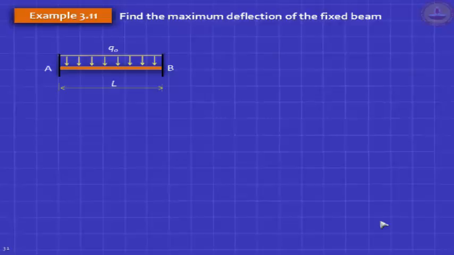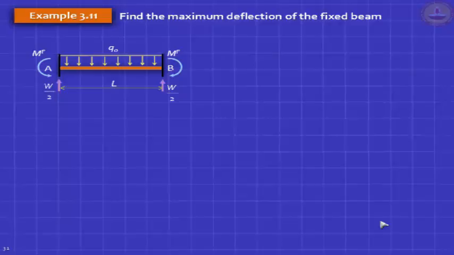Now we'll take a UDL, find the maximum deflection of the fixed beam. But before we get the deflection, we must solve the problem. Draw the bending moment diagram and find the maximum deflection should be the question. Okay. So, can you tell me, chat question, can you tell me what is the formula for MF? I'll give you a clue.